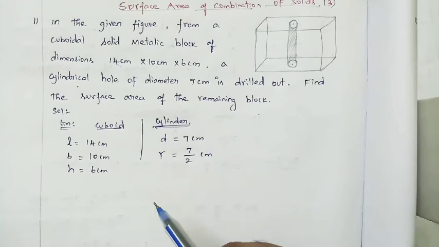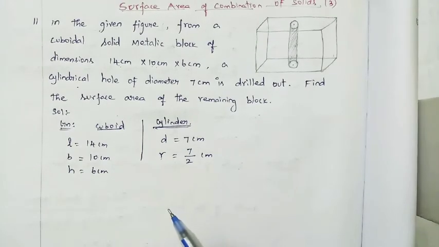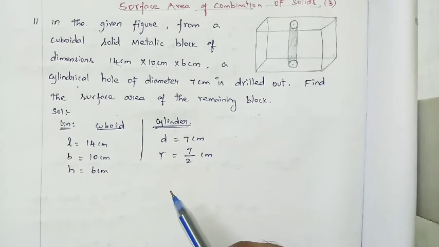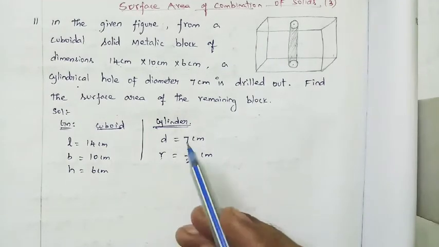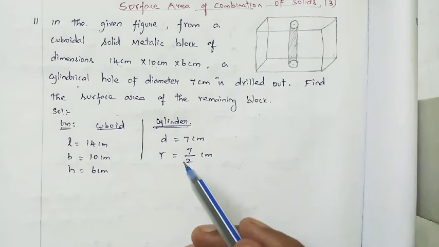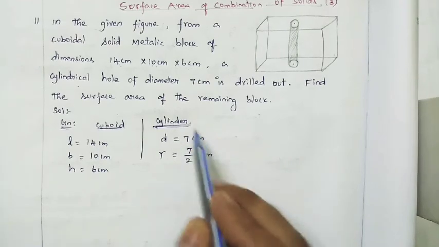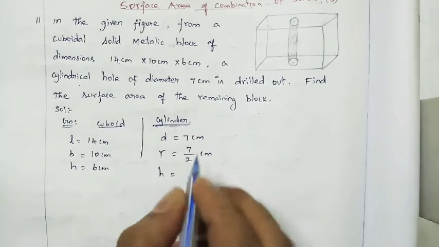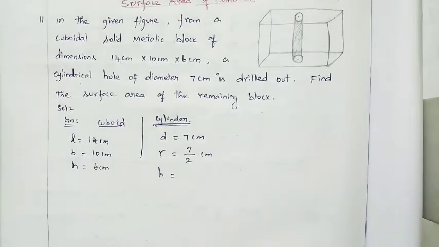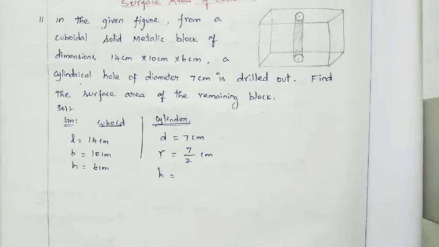Curved surface area of a cylinder is 2 pi r h. Total surface area is 2 pi r into h plus r. So radius and height are needed. How are we going to find the height of the cylinder?